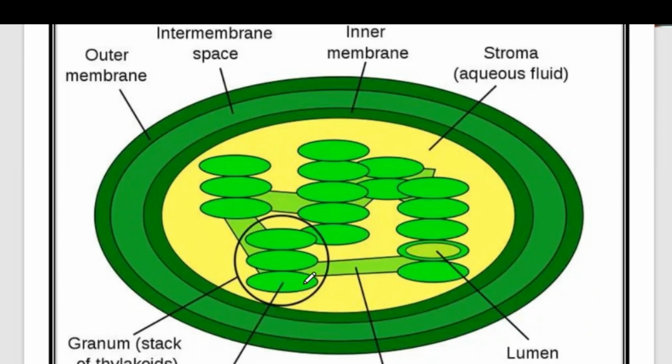And the space inside the thylakoid, when you cut it, is what we call the lumen. Lumen means a space, a hole where some other things are supposed to be. So this is a simple structure of a chloroplast.